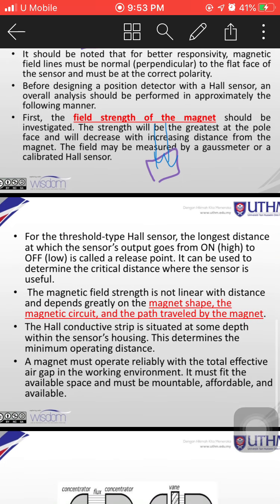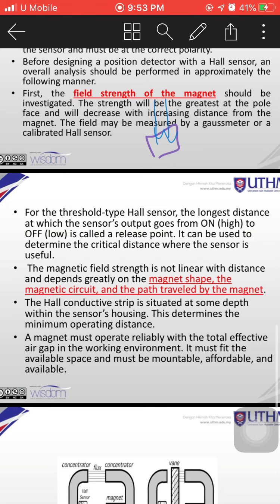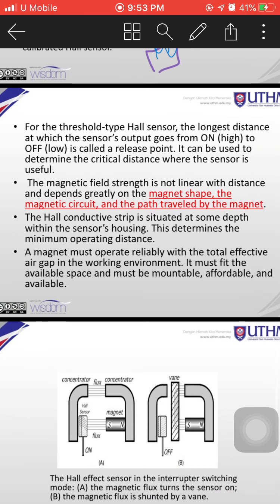Okay, so the magnetic field strength is not linear with the distance, and it depends greatly on the magnet shape, the magnetic circuit, and the path traveled by the magnet. The Hall active strip is situated at some depth within the sensor housing, which will determine the minimum operating distance.